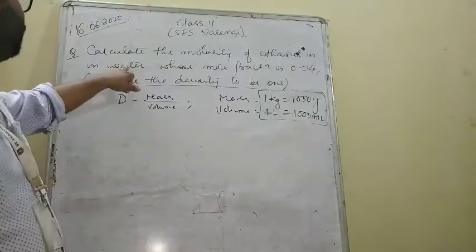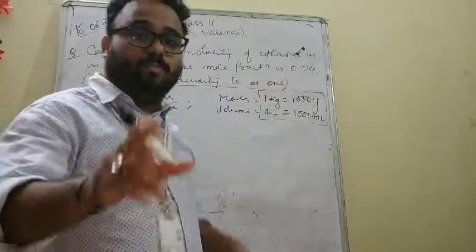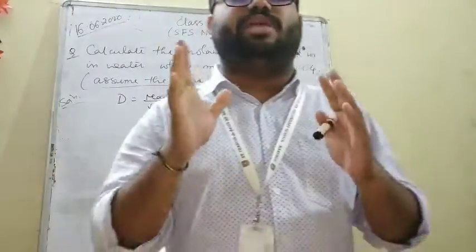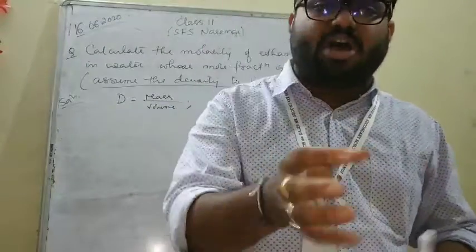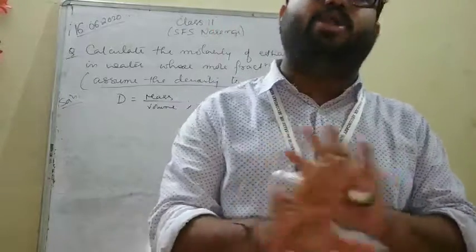So standard values I have taken because they have told me to take density to be 1. Now the mole fraction of ethanol is given 0.04. That is the main thing to understand. Mole fraction of ethanol is 0.04, which means ethanol is very less, which means this solution is entirely made of water.